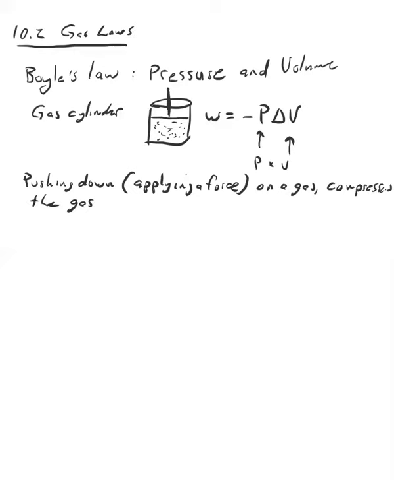And so the way we would say that is that the volume decreases, right? If you push down on something, the volume is getting smaller. Another way of putting that is delta V is negative, right? If something gets smaller, the volume got smaller, so that change is negative.